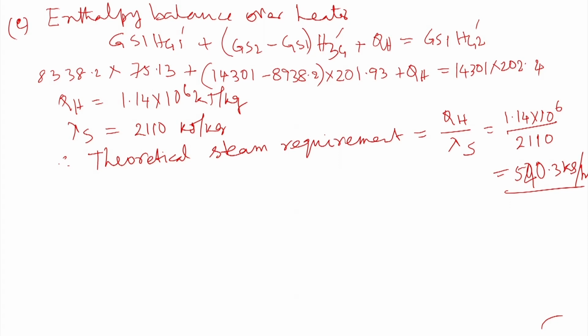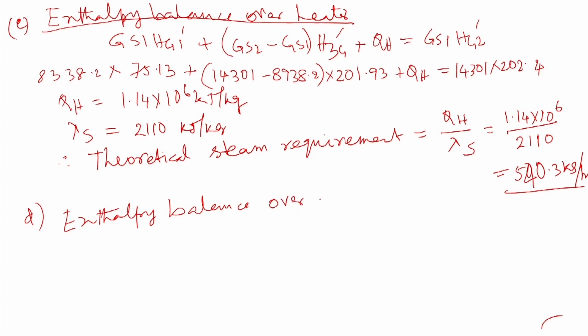Now, we need to find out how much heat is lost from the dryer. We will be doing the enthalpy balance over the dryer. Initially we have done the enthalpy balance over the heater, now we will be doing the enthalpy balance over this dryer.